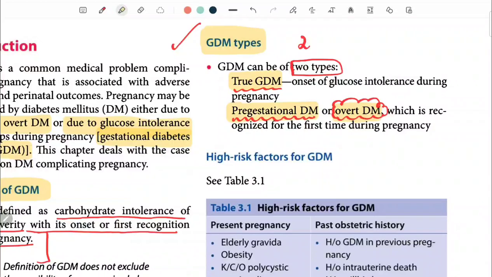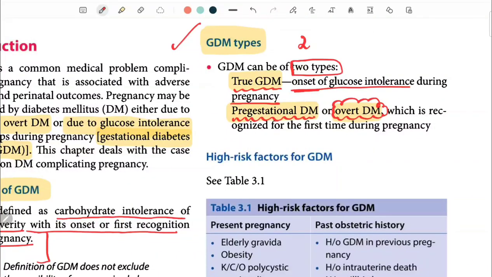True gestational diabetes means the onset of glucose intolerance is during pregnancy. Only during the pregnant period they have diabetes mellitus, and they are diagnosed with diabetes mellitus only during the pregnancy. That is known as true gestational diabetes mellitus.